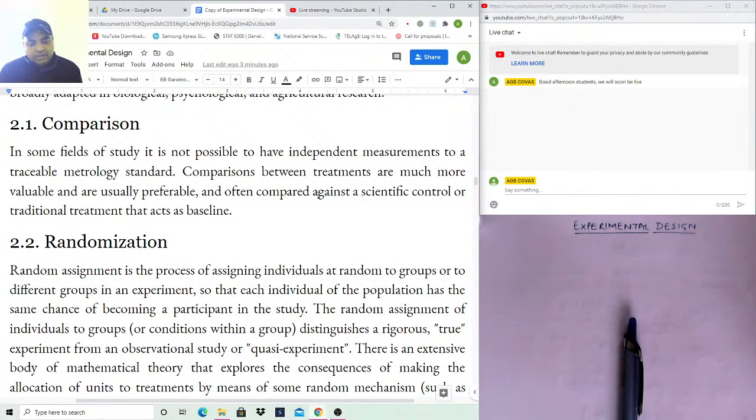So particularly what we say is that we have some traditional value or scientific control value against which we compare our results. So that we can have an idea whether our groups are significantly differing from the standards or not. Okay, say for example we can have gold 22 carat, 23 carat, 24 carat.